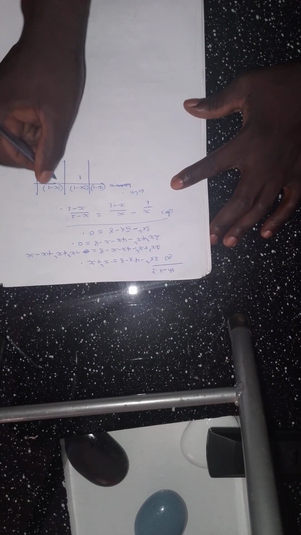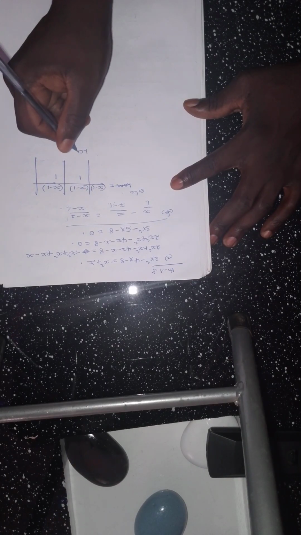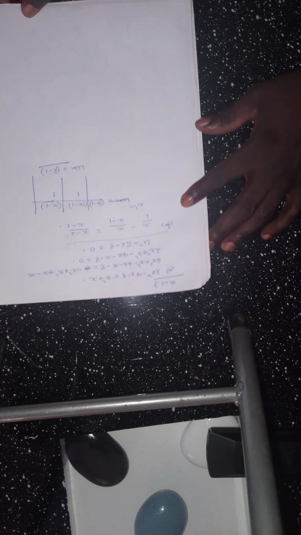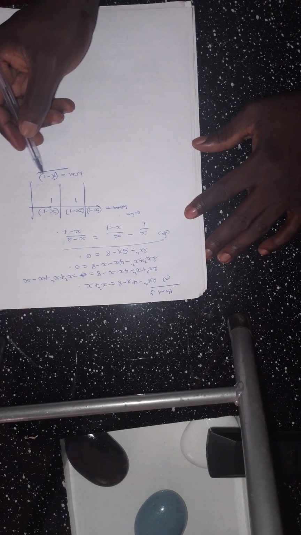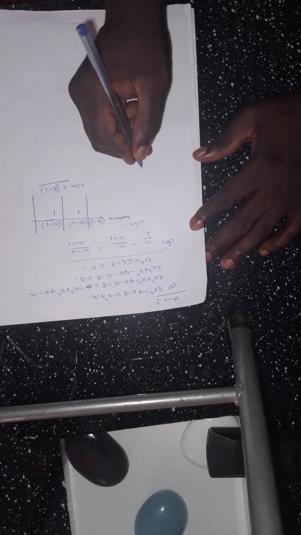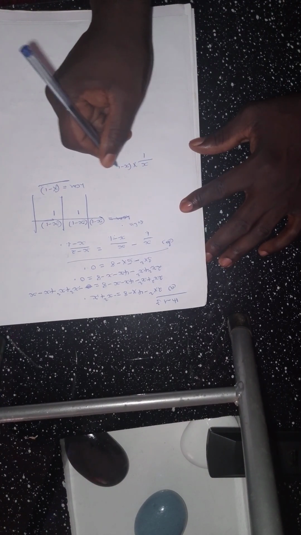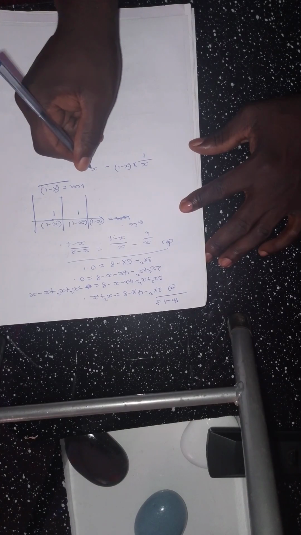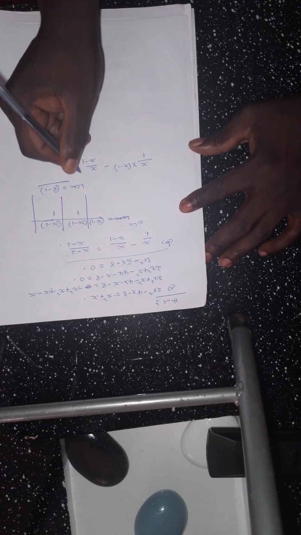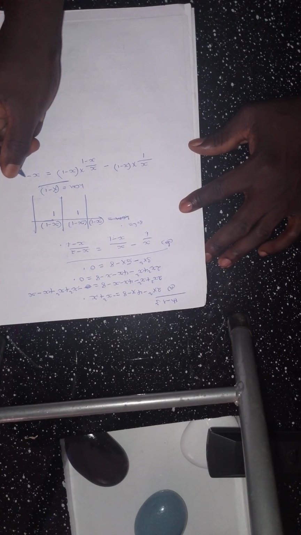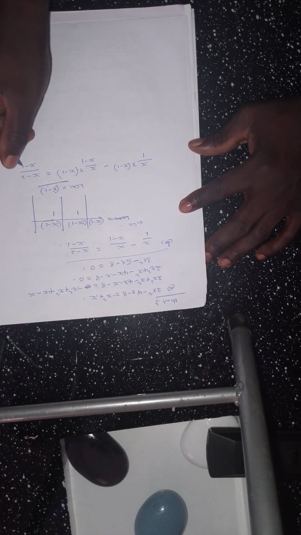This is a 1, this is also 1, which means the LCM is x minus 1. So you multiply all through by x minus 1. So you will have x over 1 times x minus 1 minus x over x minus 1 times x minus 1 is equal to x minus 2 over x minus 1.